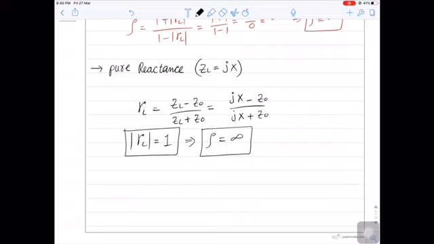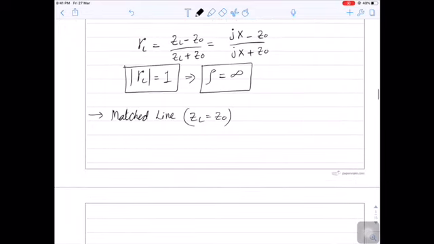Let us talk about the fourth case, that is matched line. A transmission line is said to be a matched line when the transmission line is terminated with the characteristic impedance of the transmission line, that is, ZL value and ZO value are the same.